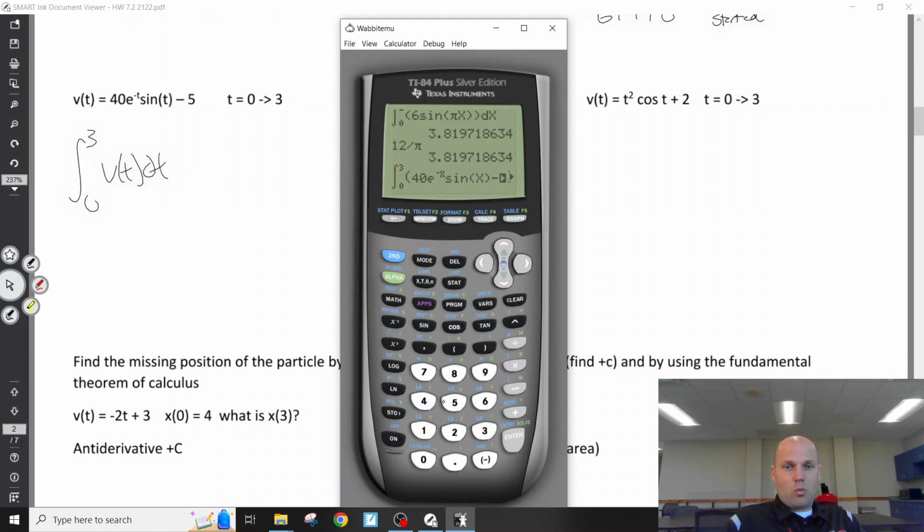This is not something you want to take the antiderivative of, so we're not going to. A lot of stuff is going to happen. I have to do this. I have to do this. It just really helps me understand the number and helps me explain to you where this number is and where it comes from.